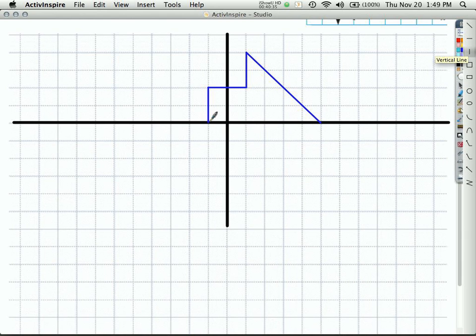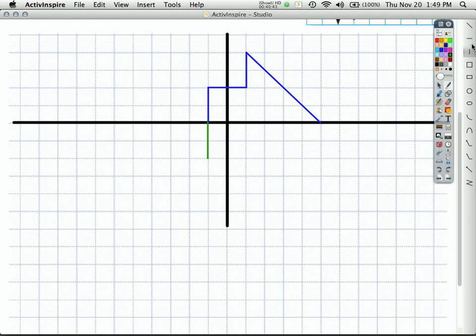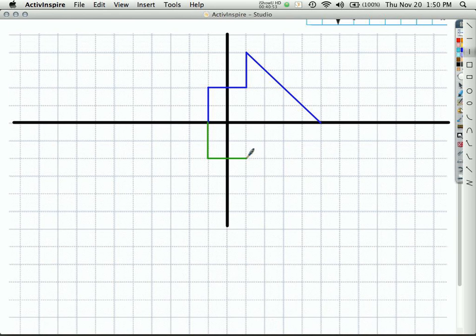If we went 2 up, now we have to start here and go 2 down. And if we went 2 across before, now we have to go 2 across from here. We went 2 up from there, now we have to go 2 down.